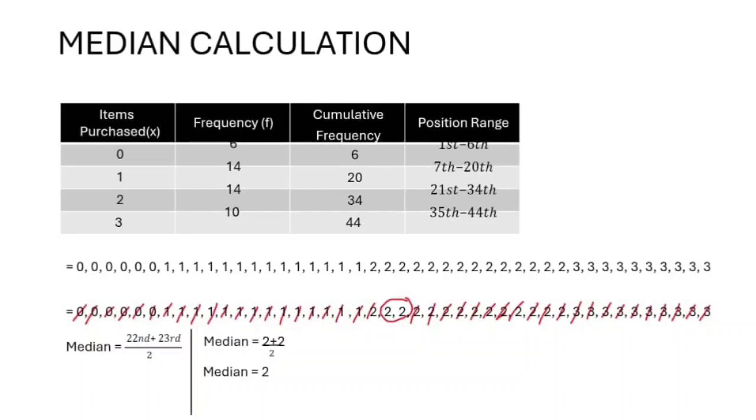By averaging these two values, 2 plus 2 divided by 2, our median is exactly 2 items per week. This indicates that 50% of the surveyed students buy 2 or more items, while the other 50% buy 2 or fewer. This central point gives us a clear view of student habits before we split the data further into quartiles.